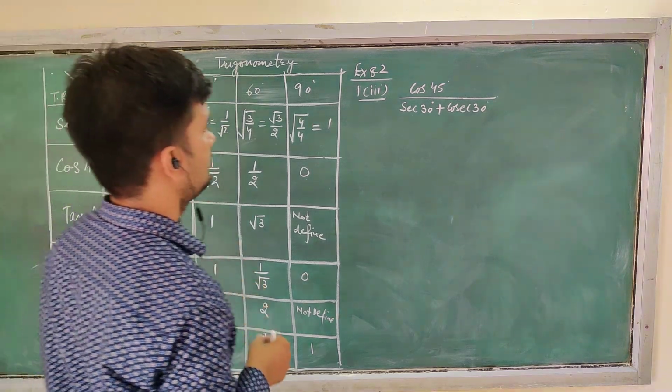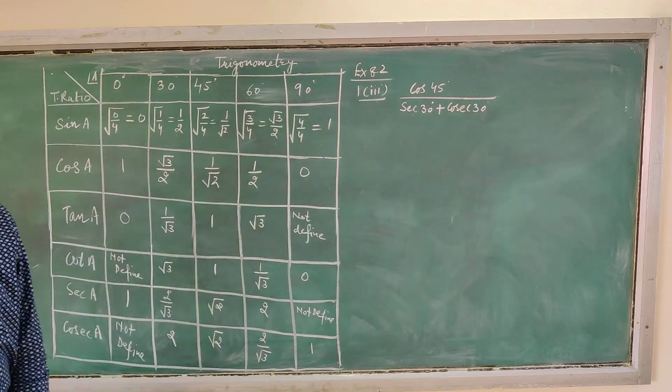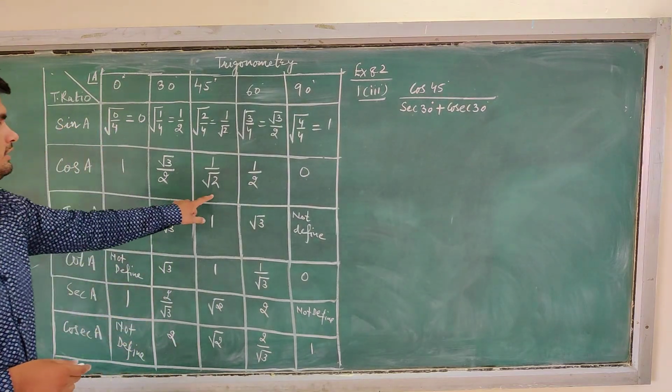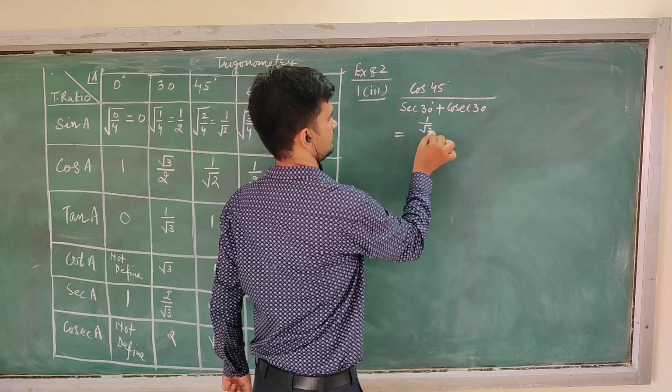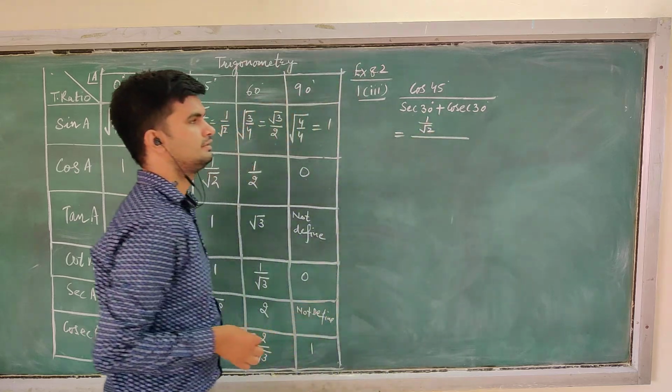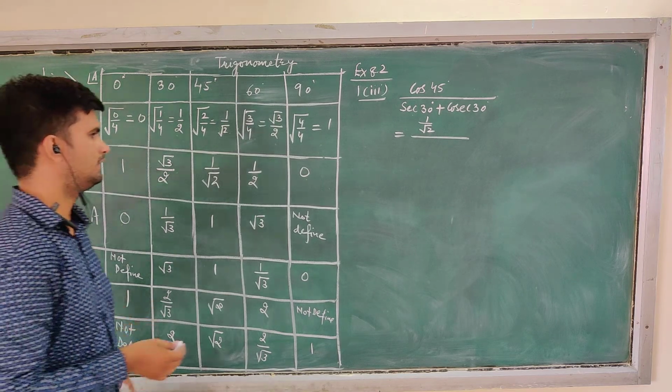Now in third part, cos 45 upon secant 30 plus cosecant 30. Now see cos 45, it is equal to 1 by root 2. Secant 30, now see secant 30, it is 2 by root 3.